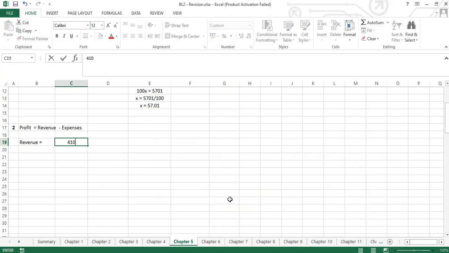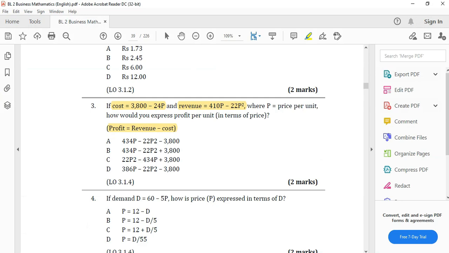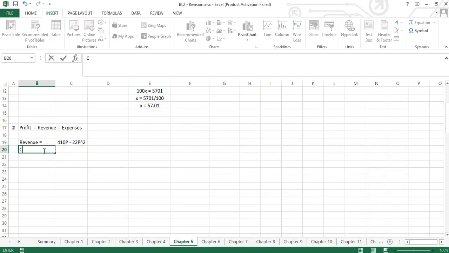410p minus 22p to the power 2, or p squared. Okay. Whereas the cost equation is 3800 minus 24p.